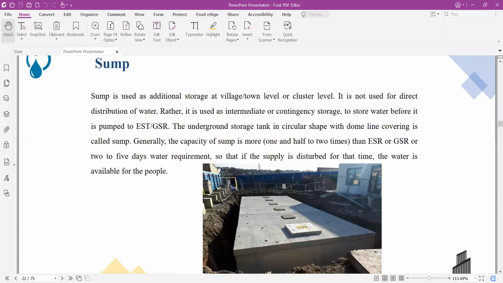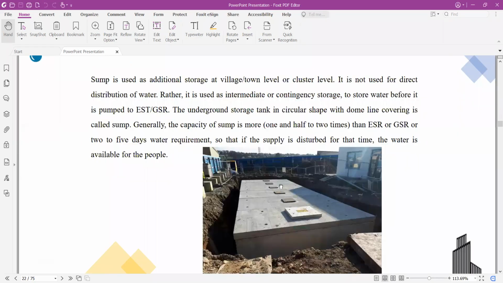Mostly the capacity of these sumps is about 5 to 6 times greater than the ground surface reservoir or the elevated storage tank. And these are mostly used in a case where some interruptions occur, due to some damage in the water supply system, or due to damage to the pumps used for the supply of water to different houses, taps or household stand posts.